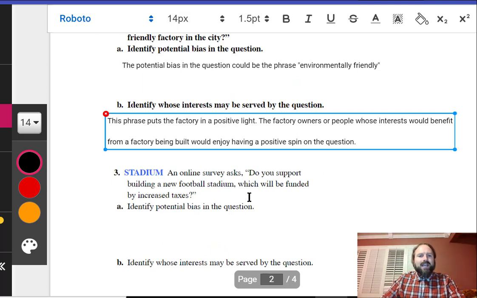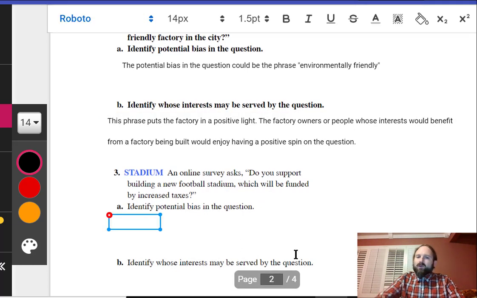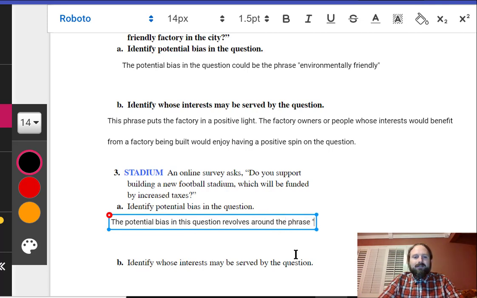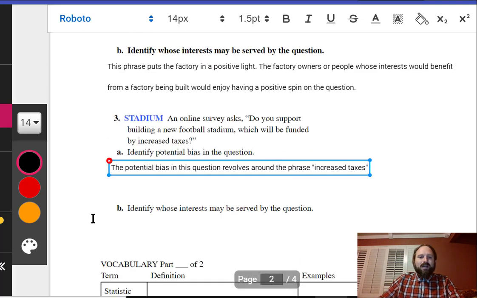An online survey asks, do you support building a new football stadium which will be funded by increased taxes? Well, the potential bias in this question revolves around the phrase increased taxes. Whose interest might be served?